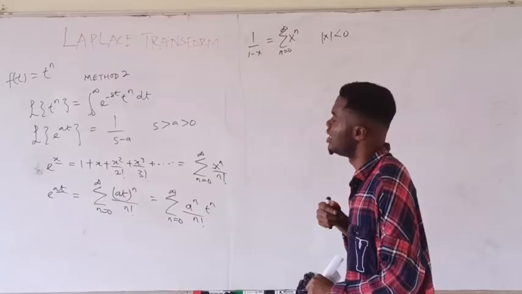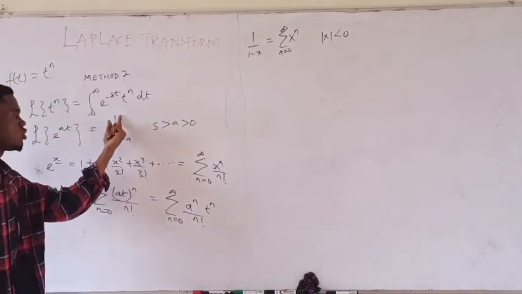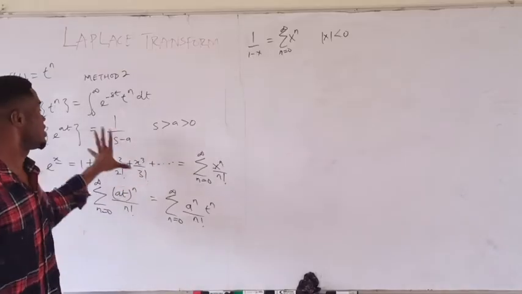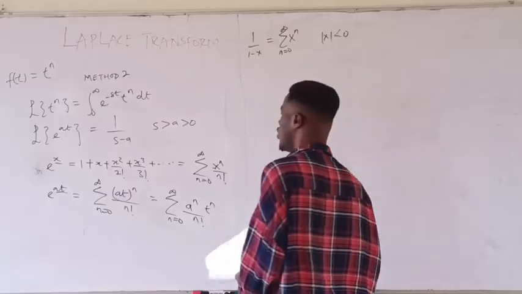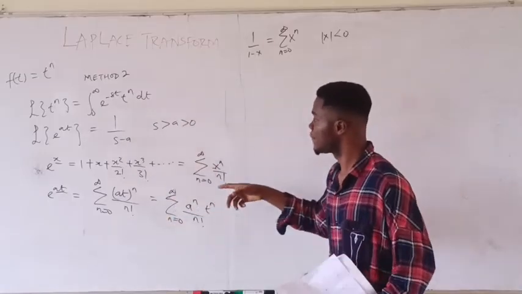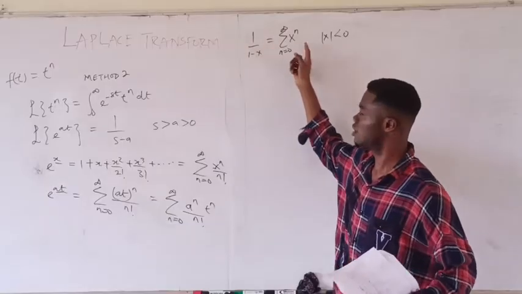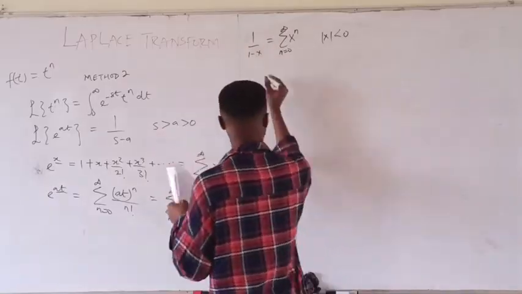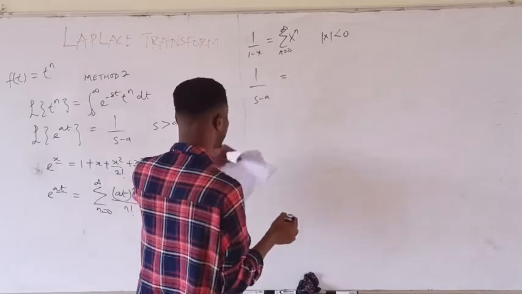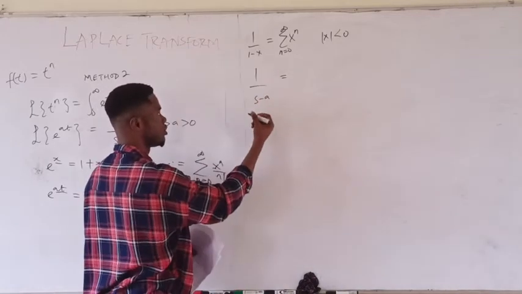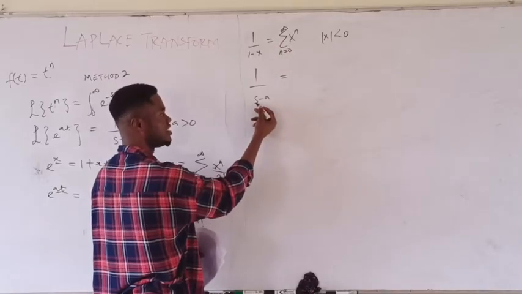the next thing you are going to do is, we know that the Laplace of exponential of at is equal to 1 over s minus a. So since the Laplace of exponential of at is equal to 1 over s minus a, let us rewrite this as this. So 1 over s minus a can be rewritten as this. Of course I have 1, so the only thing I need to change here is this x.